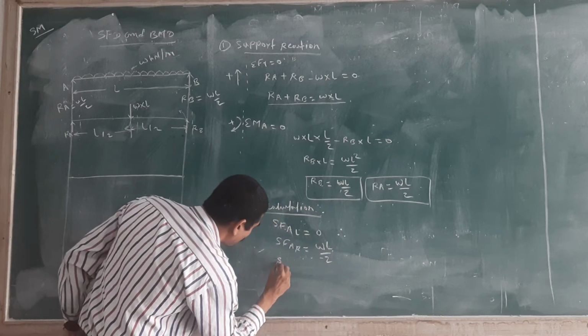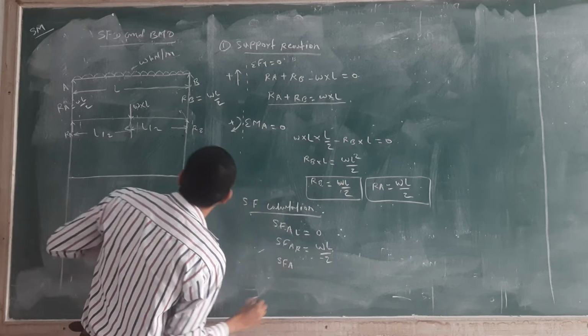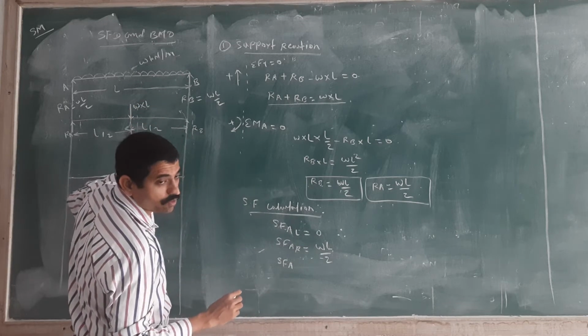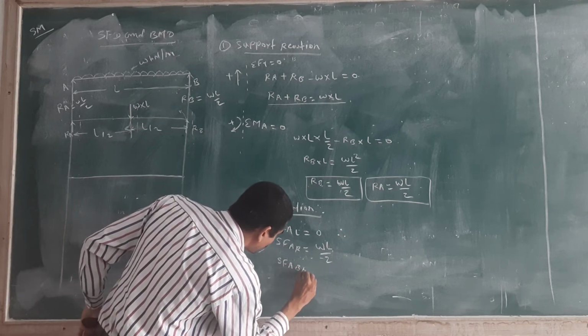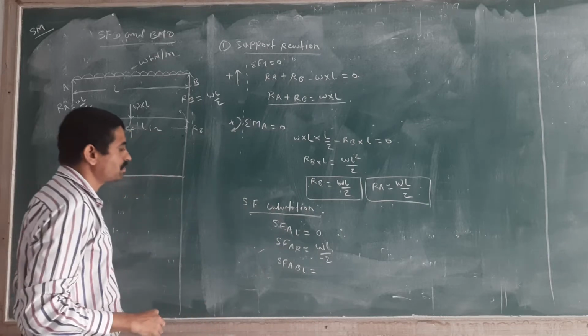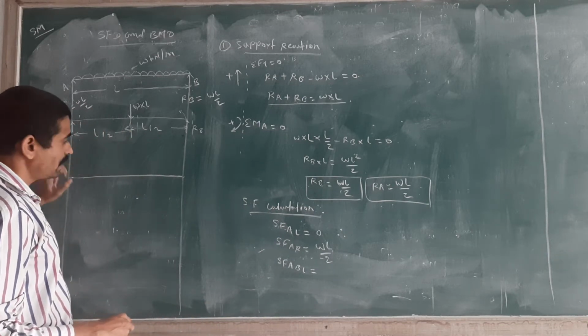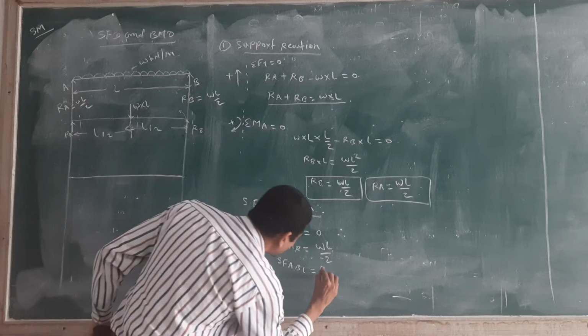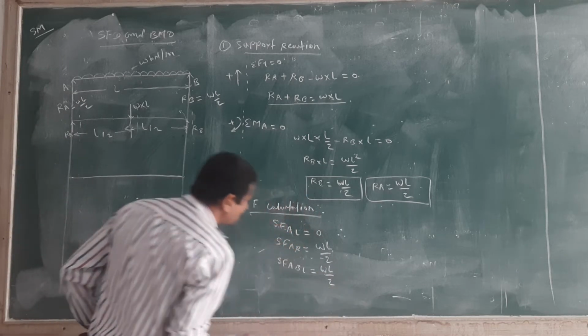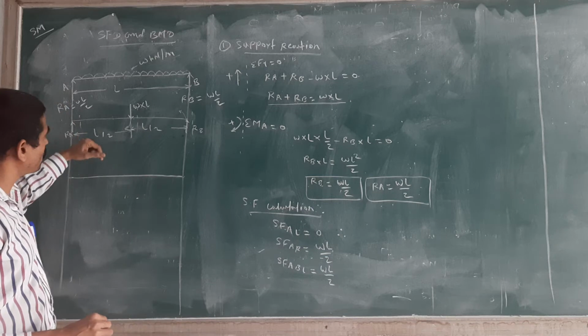Then SF at the next point. Which is the next point? B point is there. Just left side of B, check that. We have the RA value WL by 2, because this is in upward direction, that's why positive.